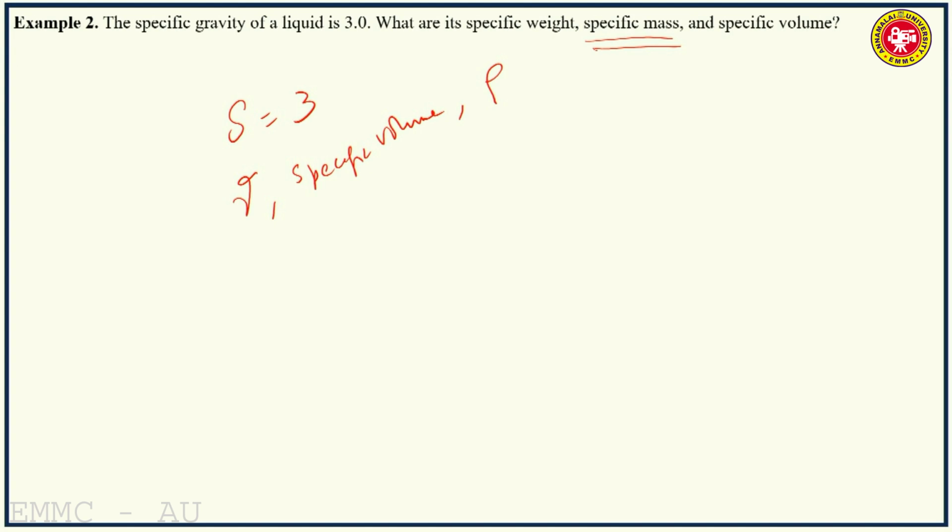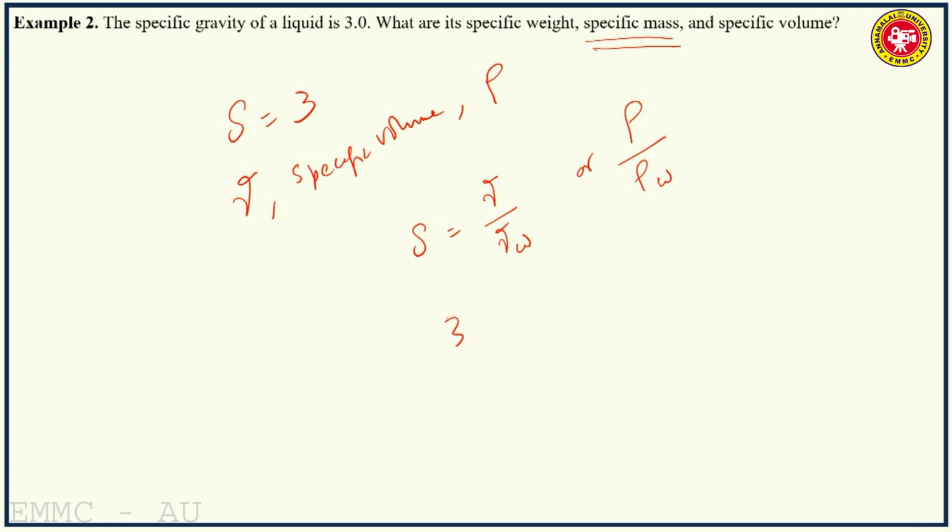Now the specific gravity is given. So specific gravity, as we discussed in the previous example or problem, is the ratio between the specific weight of the liquid and the specific weight of the standard liquid, that is water, or mass density of the liquid with mass density of water. Now we can use any one of these.